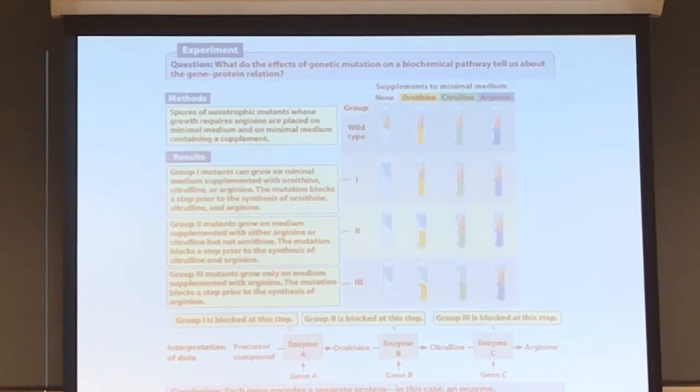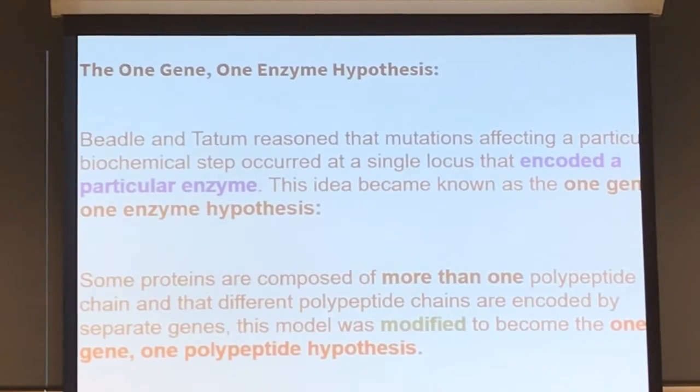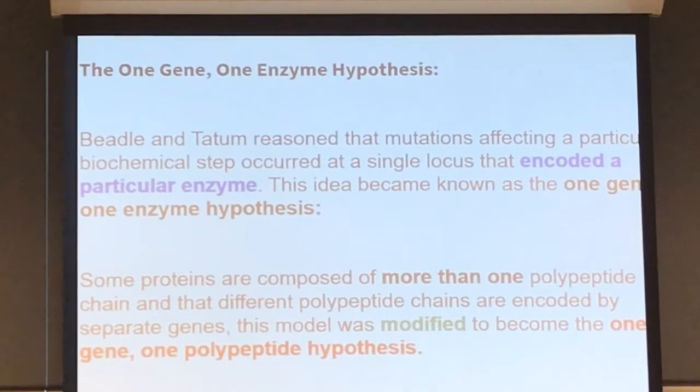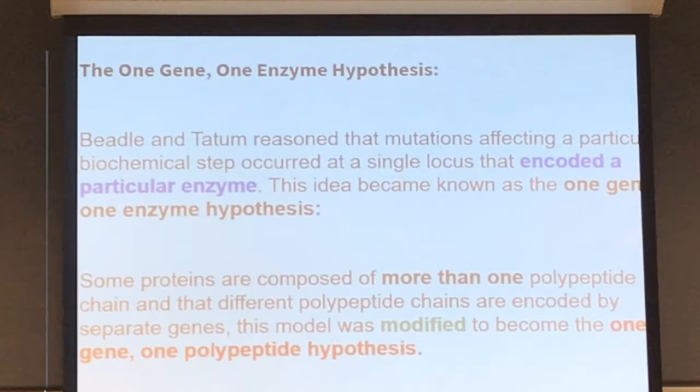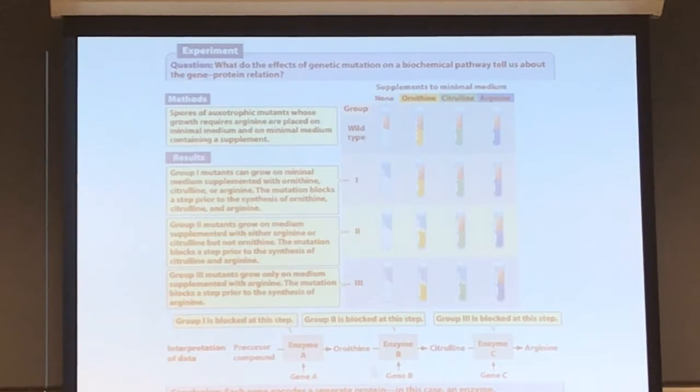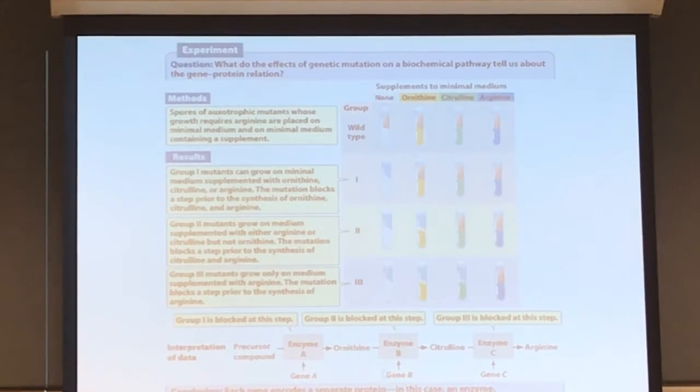And it has to be kept in mind that this kind of pathway mapping or gene mapping for the synthesis of arginine works only if the precursors here are actually enzymes, because enzymes have the ability to convert a substrate into a product.